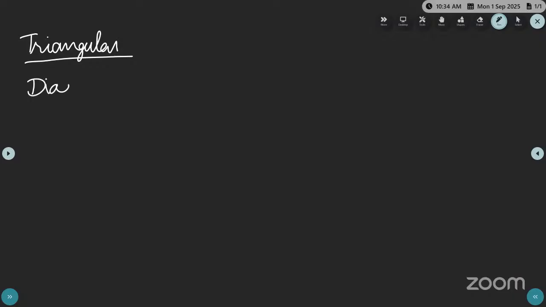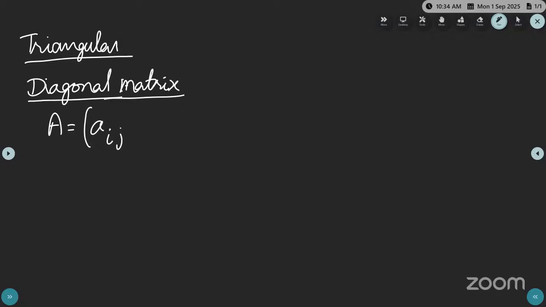A matrix A = [aij] is a square matrix. Please write square matrix.